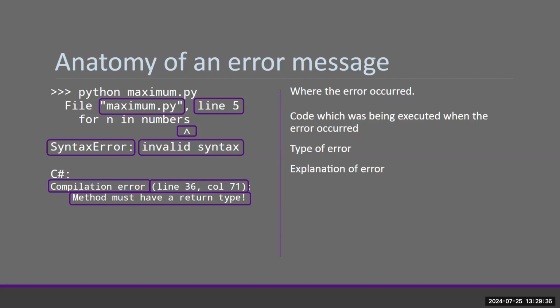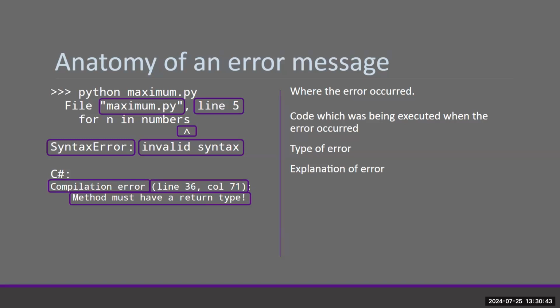I've got two different language error messages presented here: Python on the top and C# on the bottom. Some languages provide more information, some provide less. The error messages pretty much always will include where they occurred, and sometimes will even return the code which was being executed when the error occurred.